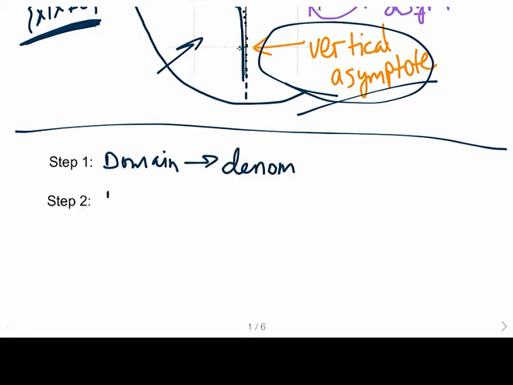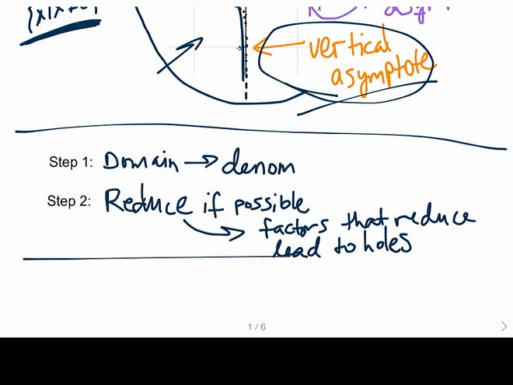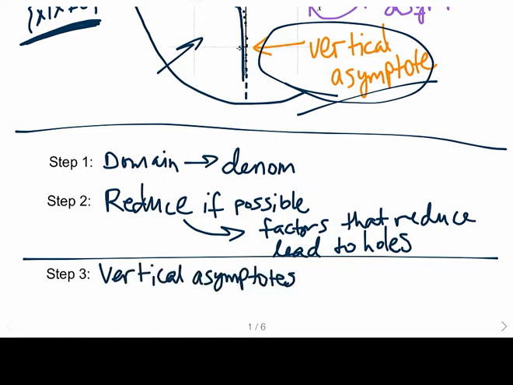After we have figured out the domain, step 2 is to reduce if possible, keeping in mind that factors that reduce lead to holes. After reducing, step 3, find vertical asymptotes. And vertical asymptotes come from problems in the domain, and so are indicated by the denominator again after the expression has been factored and reduced if possible.